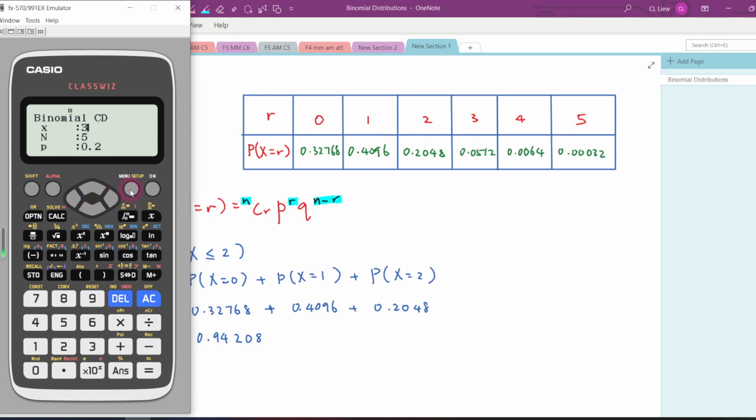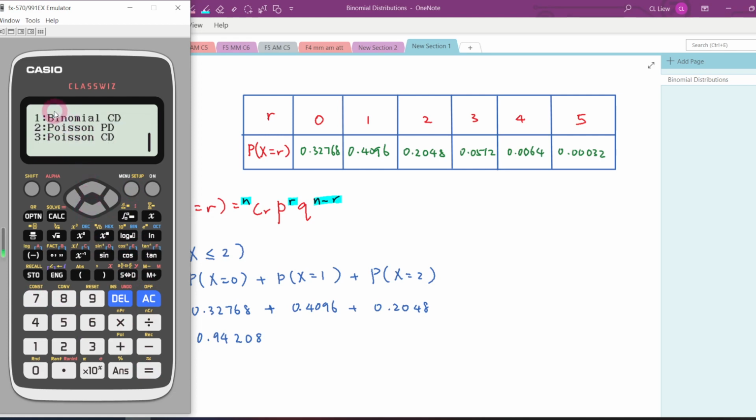Let's say if you use the other option, which is list. 0, 1, 2, 3. Let me check. Oh, sorry. 0, 1, 2, 3, 4, 5. Let me start from the beginning so that you won't get confused. Press menu, press equal.